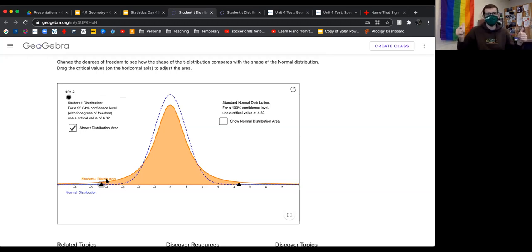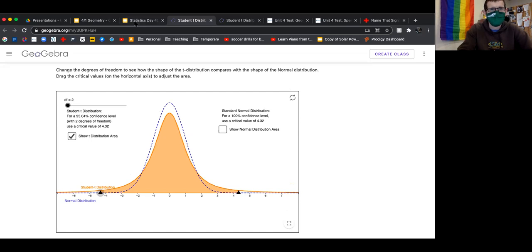Yeah, and actually that's good to point out now. That's something that will be made very obvious, but we can make it obvious from the beginning. If you're dealing with proportions, you're using the z, which is your normal distribution. If you're working with means, you're going to use your t distribution. Now, we can't just jump right in and use it because we need to understand what degrees of freedom are all about.